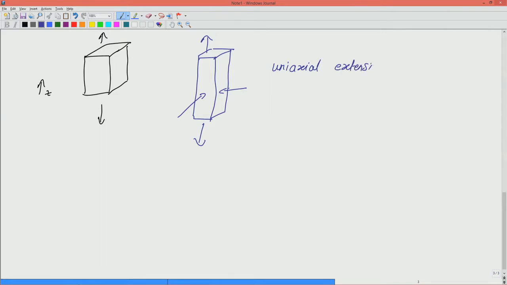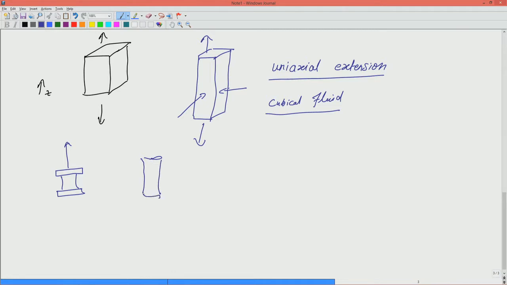Of course, in a discussion or in a textbook or in a classroom setting we are discussing it with a cubical fluid, which is of course not practically achievable. How this experiment is actually done is you take a cylindrical body of fluid and these two plates are pulled apart, and therefore this jet will with time become thinner and thinner.